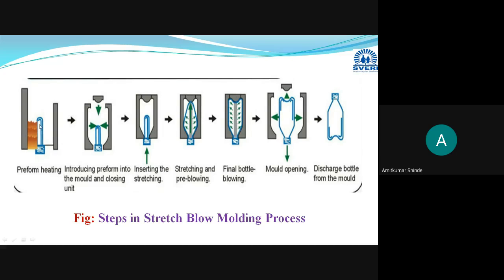Initially we are making one preform or parison, and preheating is done on that preform or parison. Then that preform or parison is placed in the mold cavity. Now with the help of one stretcher, or one mechanical arrangement or mechanism, initially we are increasing the length of the parison.